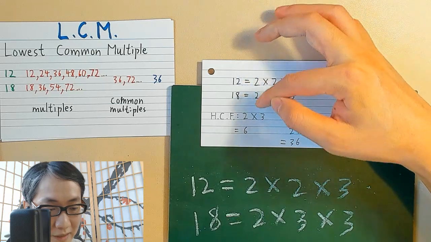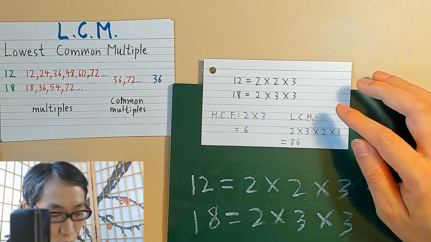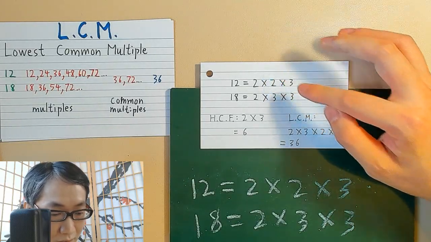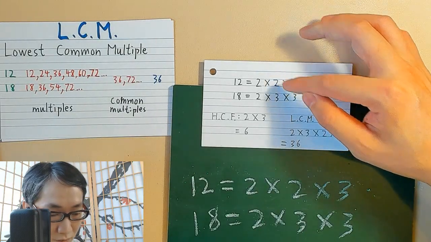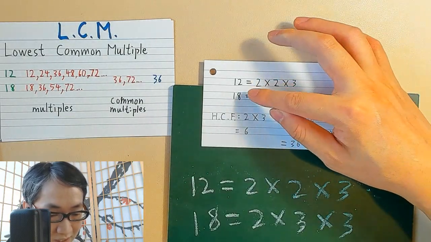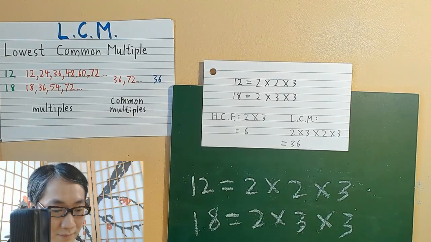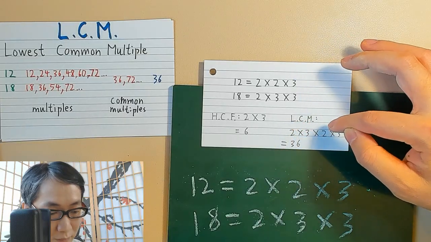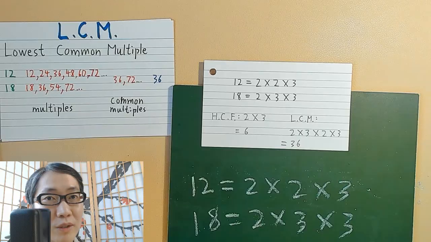We're doing exactly what we did, but with more. What's more is that we multiply the unique prime factors into the calculation. The second 2 also here, the second 3 also in here. Then 2 times 3 is 6, 6 times 2 is 12, 12 times 3 is 36. This will be the LCM.